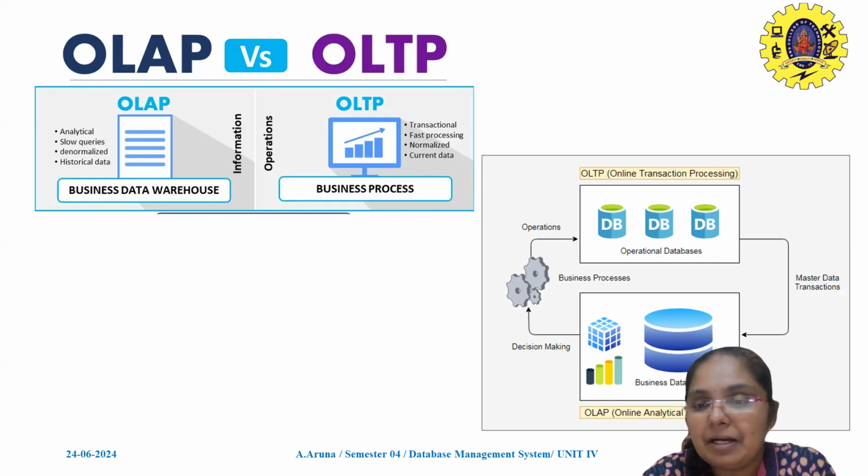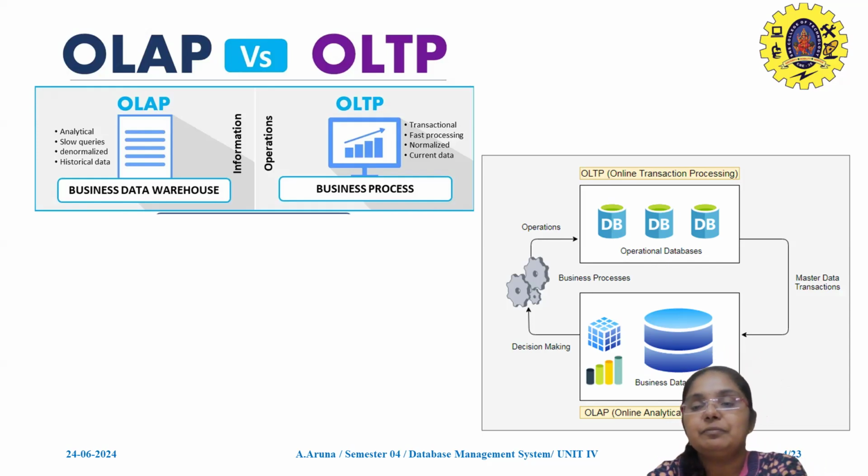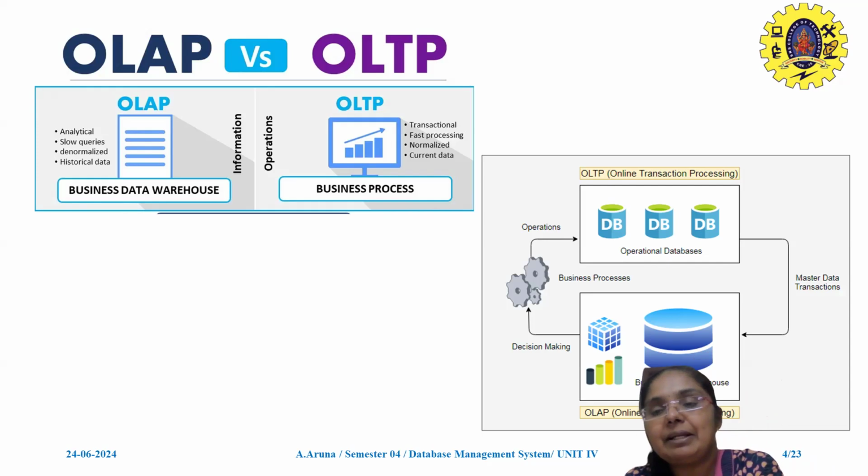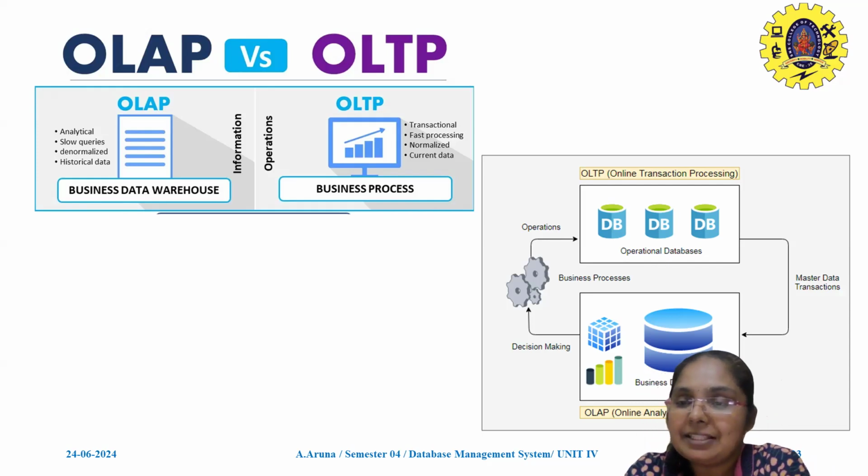So this is a simple online transactional processing and online analytical processing diagram. Here, based on my business data, I can represent this. But in transactional processing, I can do certain operations. For example, my table can contain the employee salary.